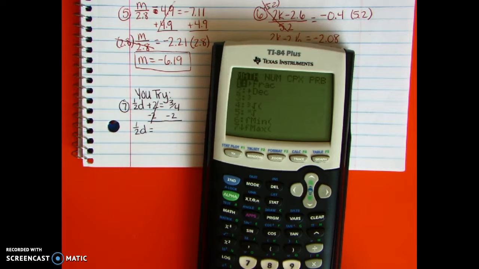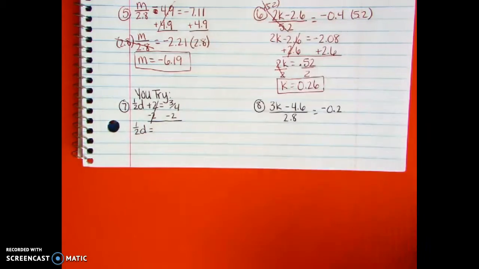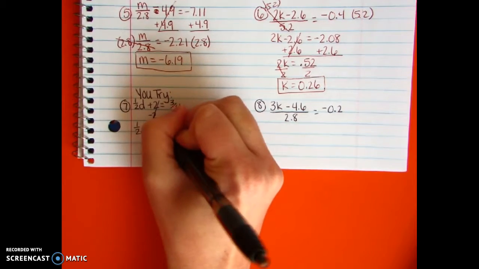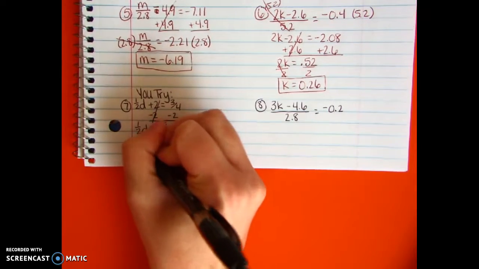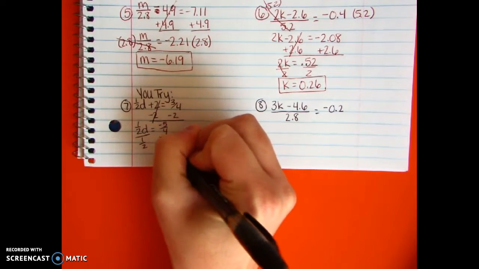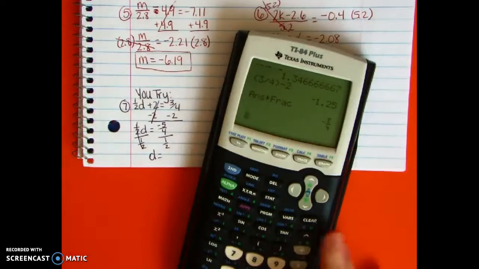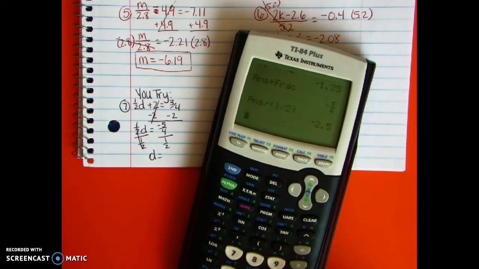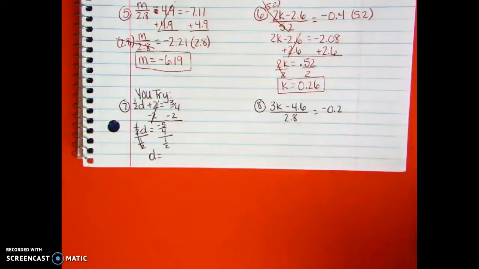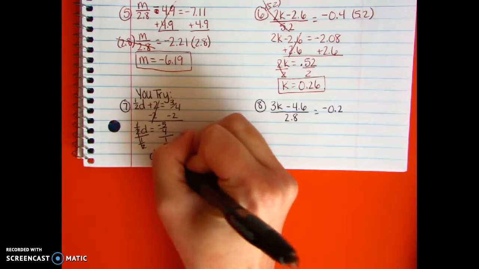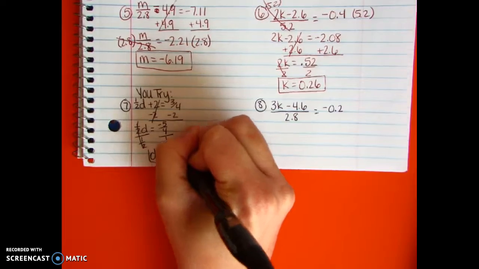Let's change that to a decimal, I'm sorry, fraction. Negative 5/4. And I'm going to divide by 1/2. D equals, let's divide this by 1/2. That's negative 5/2, or -5/2.